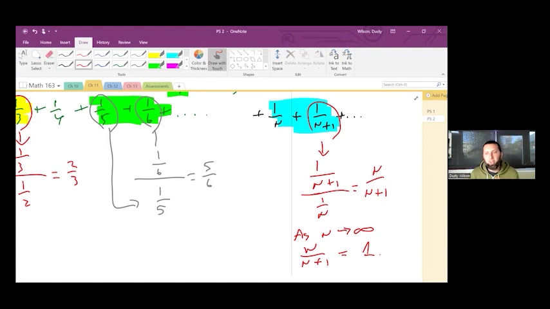We could do this same thing on the alternating harmonic series, and the limit would also equal 1, but we would know it actually converges. So you can see that if it equals 1, sometimes it converges, sometimes it diverges. It's not going to converge fast enough for us to have the kind of information that we want.